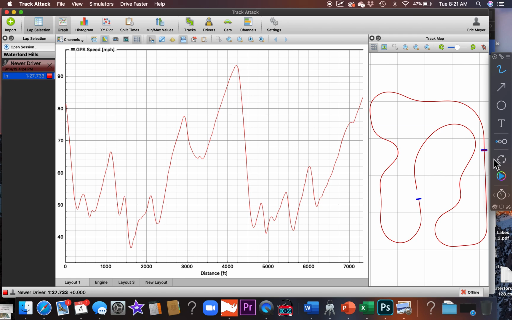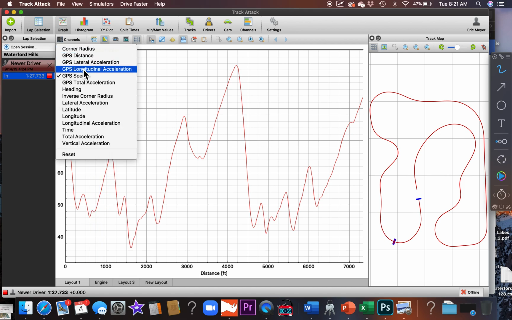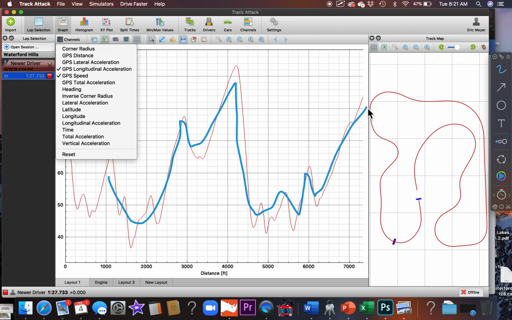So here we go. Let's keep going. The second most important channel I'll suggest to you is longitudinal. Now, we're going to change this graph a little bit, but it's really the same exact thing. So take a look at this in your head right now, the shape of this. And I'm going to add longitudinal right here. I'm going to add another one.